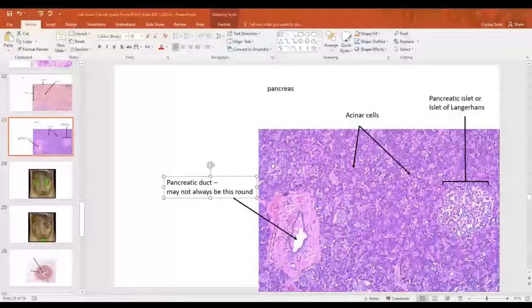Typed anything? Okay. Have you typed anything? Yes, I typed the pancreatic islet and the acinar cells. Okay, it hasn't showed up on mine yet. The pancreatic islet is the one that's going to be like the pinkier looking one, right?